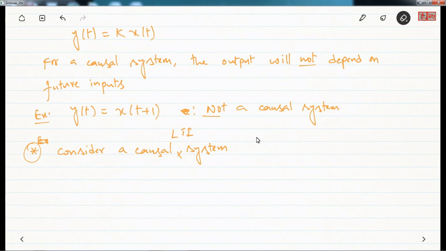Of course, we are considering all linear time invariant systems, but let me be more specific. Consider a causal linear time invariant system having an impulse response.